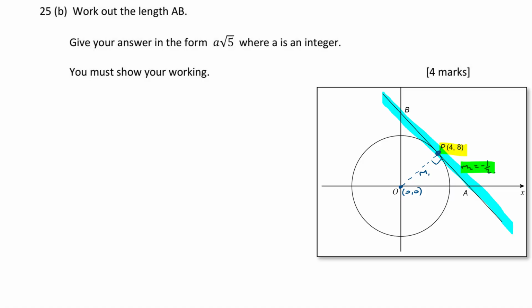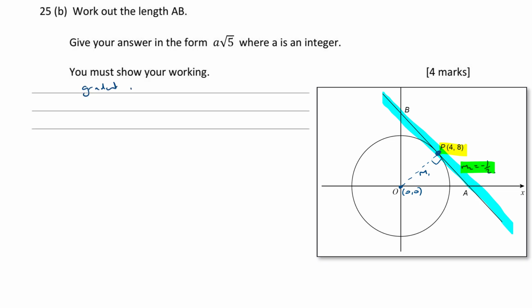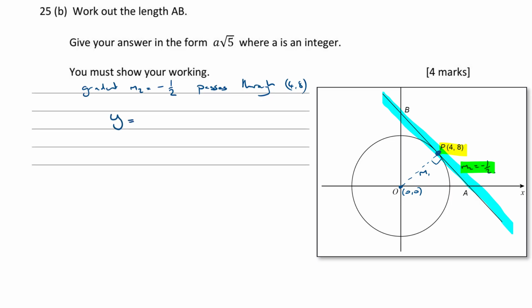Okay, so let's find the equation of the line first. So we know that our gradient M2 is minus a half, and it passes through 4, 8. So the equation of our line is going to be of the form y is equal to mx plus c, where m is minus a half. So minus a half of x plus c. Okay, so we know that x equals 4 when y is equal to 8, because we've got this point on the line.